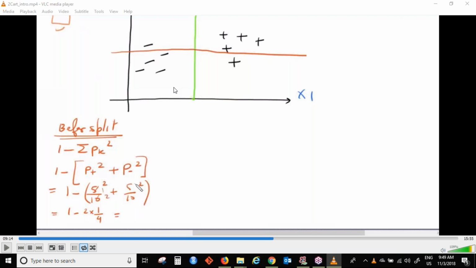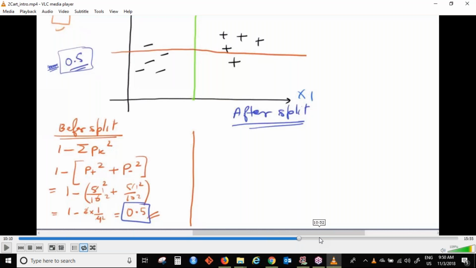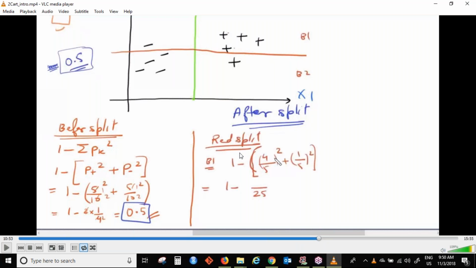Why 4 by 10? For the red split, because I'm only calculating in bucket 1. So I'm only using the points which are in bucket 1, not all the points.